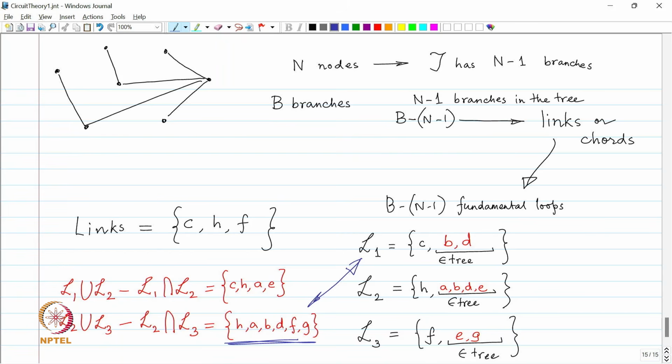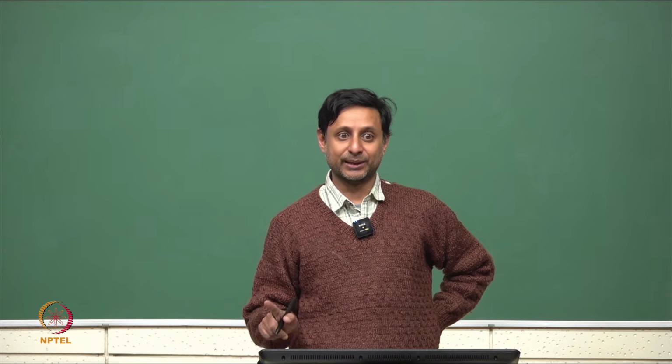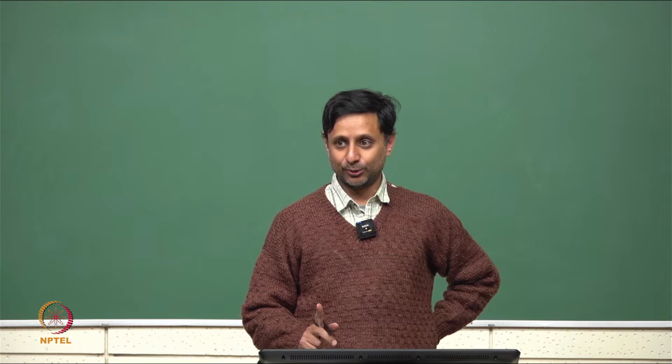What will you get? B, D, H, A, C, F, G. That is going to be something new, H, A, C, F, G. Yes, you have got a loop H, A, C, F, G. So, all kinds of these loops can be constructed just with the help of the fundamental loops. That is what is fundamental about the fundamental loops.